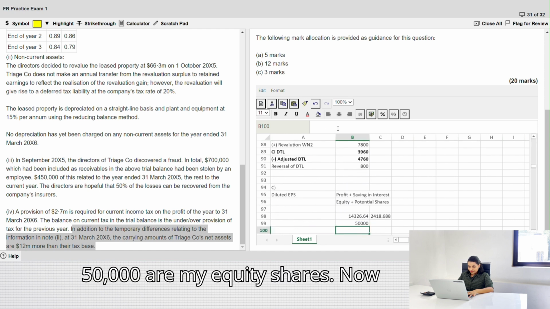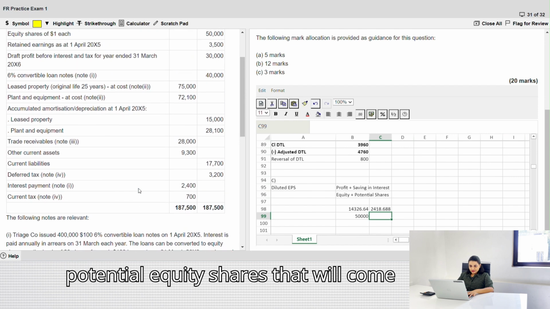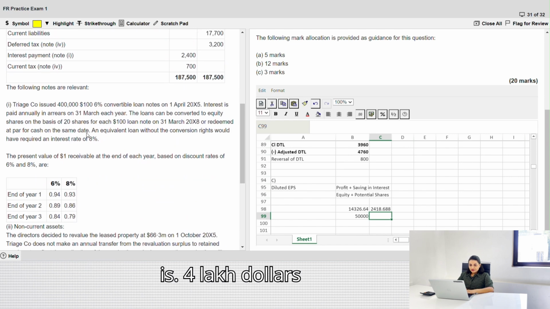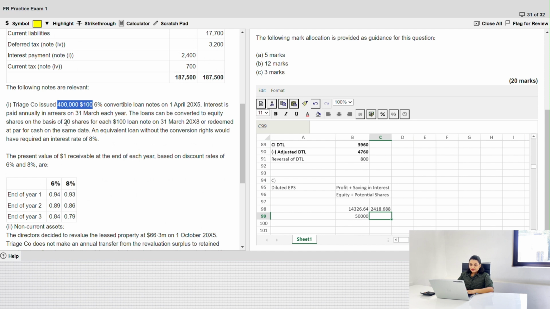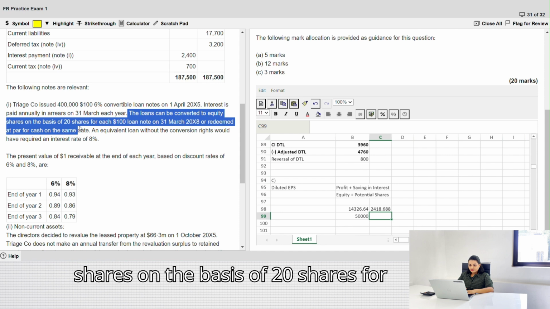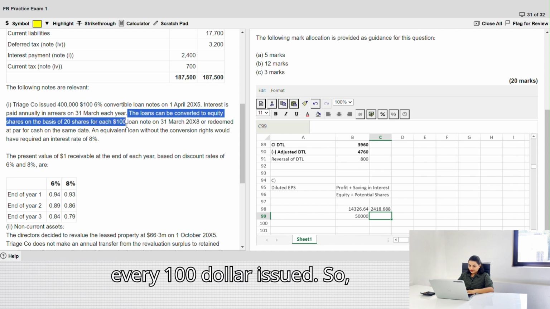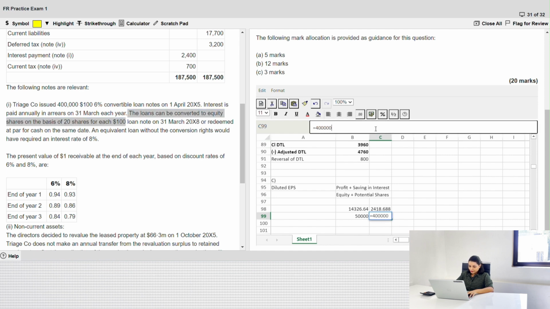Existing equity shares I will take first, which is given to me as 50,000 equity shares. Now the potential equity shares: 4 lakh shares I will issue for $100. The loan note can be converted to equity shares on the basis of 20 shares for every $100 issued. So how I will calculate: 4 lakh shares into 100 divided by 20.